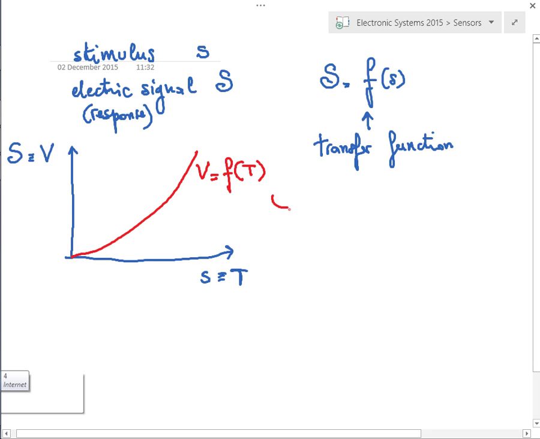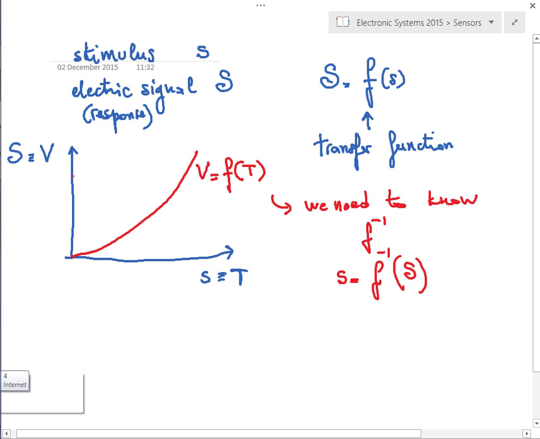Of course, we need to know f to the minus 1, the inverse of the transfer function. Because when we know the inverse, we can obtain the stimulus that we want to know once we have the electric quantity.